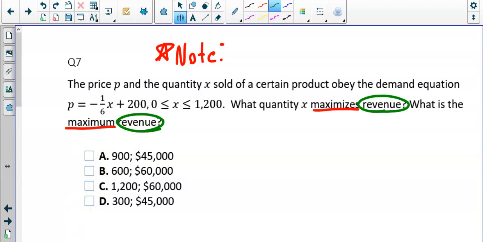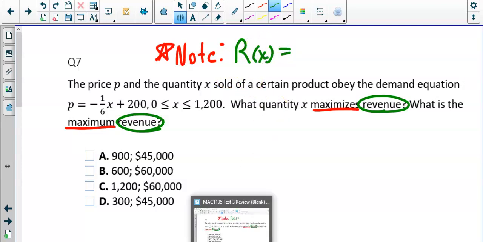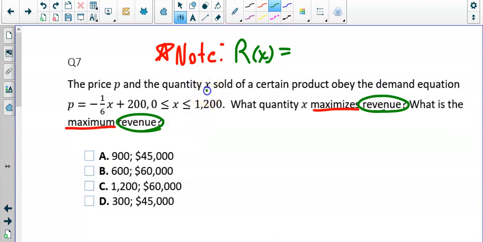If you want to find the revenue that your business is doing, what you're going to do then is you're going to take your x, which in our case, x is the number of sold product, and you're going to multiply it by the price, which makes sense. Because how many I sell times how much it is how much money I'm making. So you need to remember this little formula, because this is what's going to help us set up the problem.